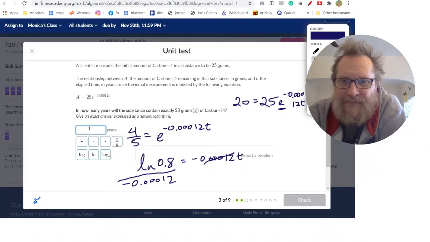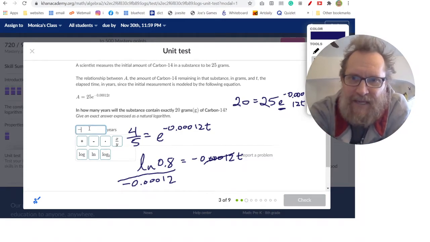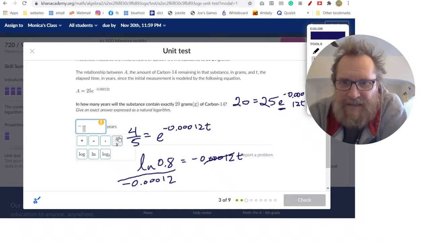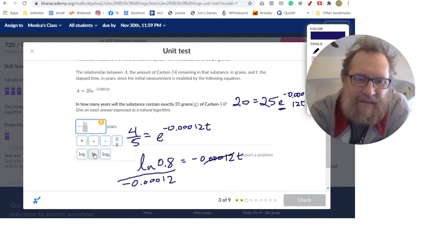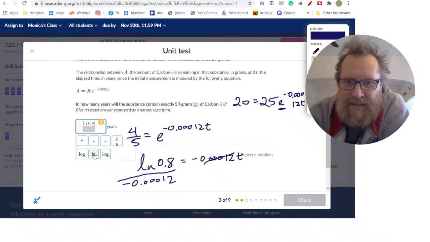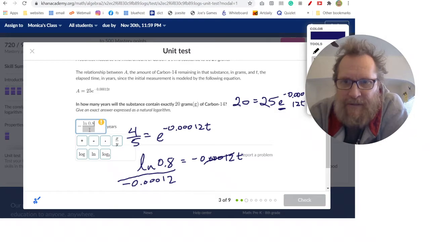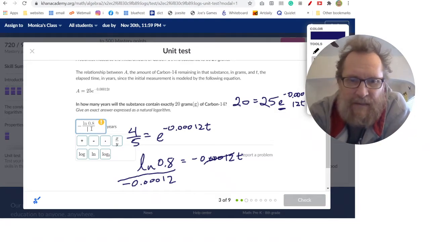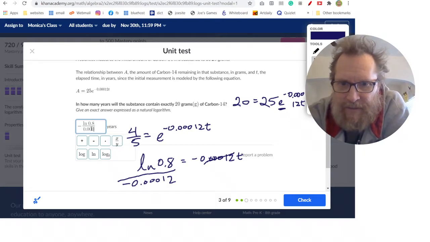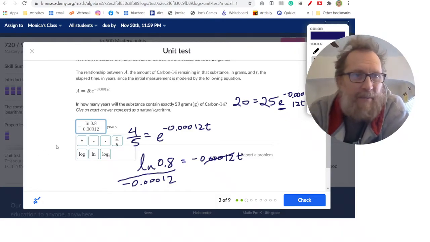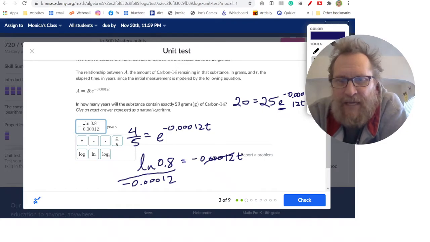So I'm going to do negative natural log 0.8 over 0.00012. No wonder they didn't give me the calculator, right? Natural log 0.8 over 0.00012. I made that negative out there.